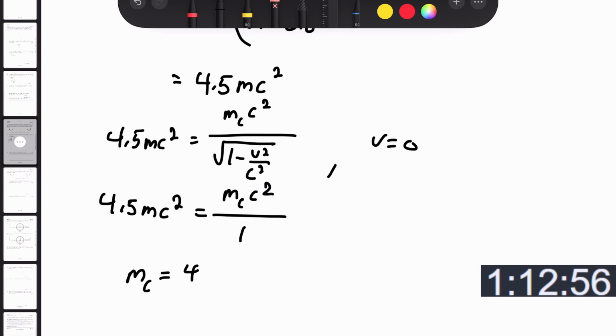And mc is equal to 4.5 of m. I think that's what they want, because you can't just divide this mc and that m, because they're not the same variable, they're different. Okay, I think that's pretty good.